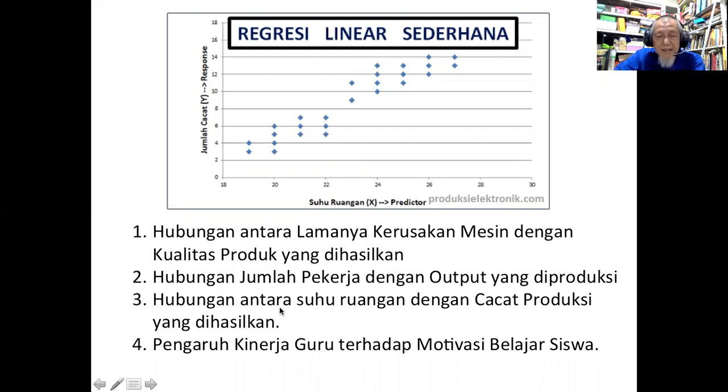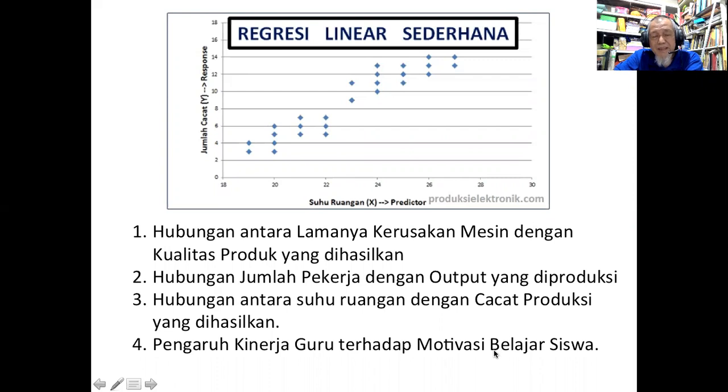Another one is the relationship between the temperature of the room and the defect products. Depending on the temperature of the room, the number of products in that room that would be defective may be predicted. Or another example here is the effect of the teacher performance on the student's motivation in learning, or student learning motivation.